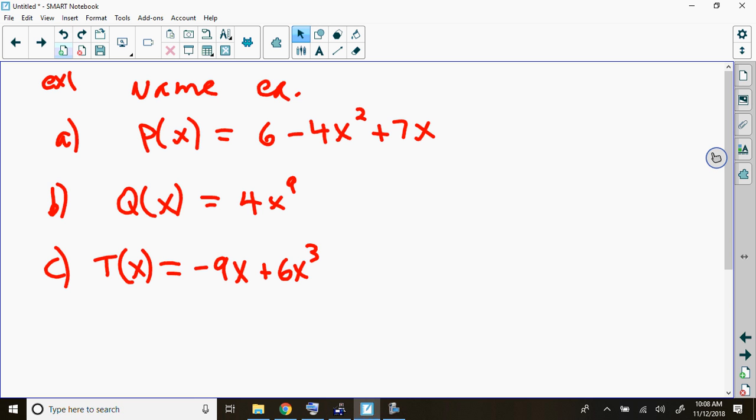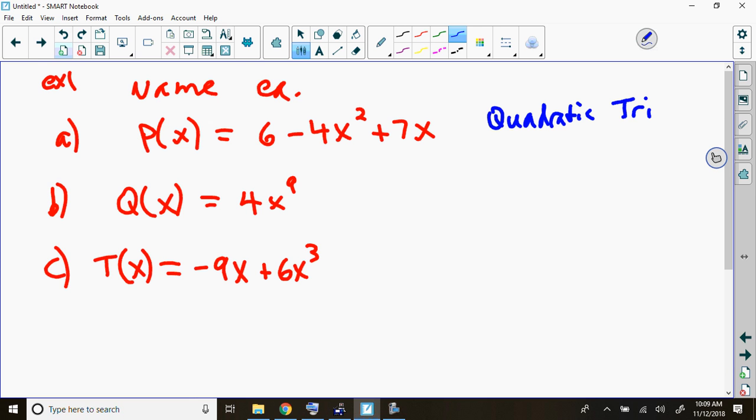So number 1A, when you name each, remember, name by degree, and then special name by how many terms. So what will we call number 1, part A? Yeah. Quadratic trinomial, perfect, nice job, you got it. It's a quadratic trinomial.